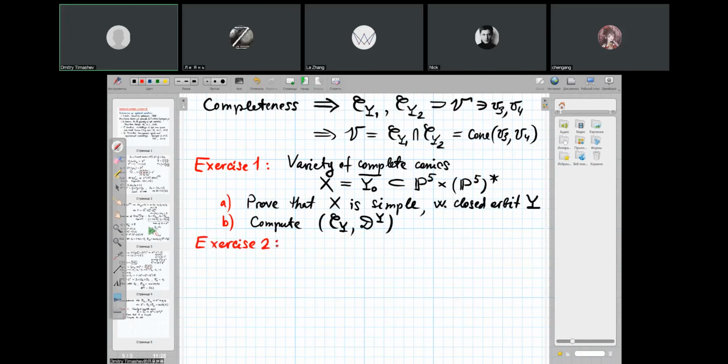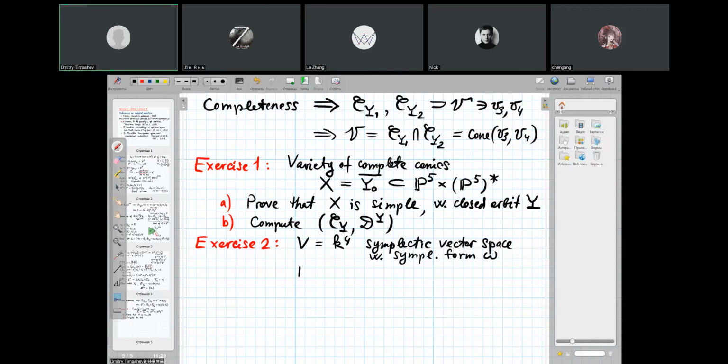Exercise 2. Let V denote the four-dimensional symplectic vector space with symplectic form denoted by omega.